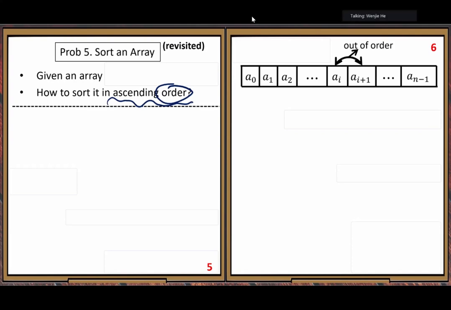The order of two elements, there are two different orders, right? Here, let's assume they have distinct values. Although the original problem does not say that. Original problem here, it does not say given an array with distinct elements. No such condition. But here, can we assume elements are distinct?